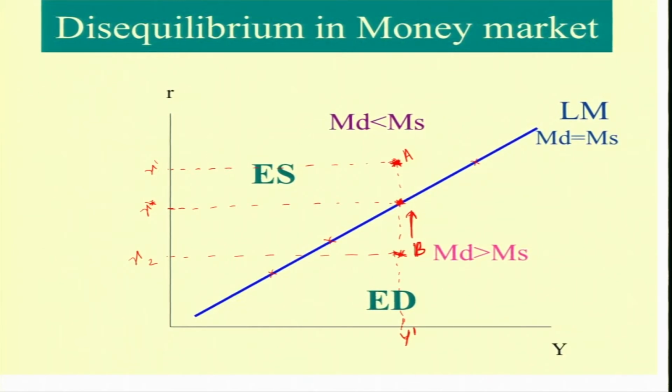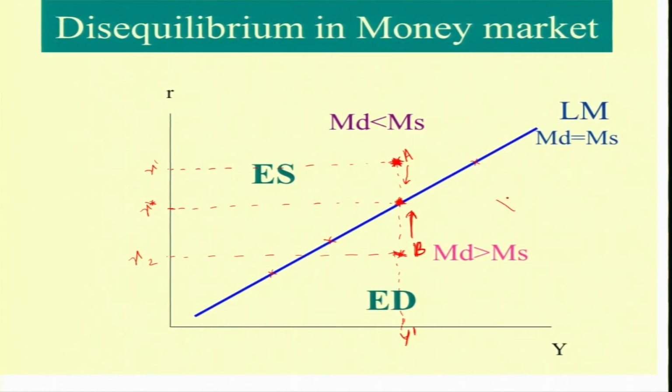Similarly point A, which we just discussed a couple of minutes before, is also not going to be the equilibrium position. At this point money demand is less than money supply, and people will be demanding more bonds. The bond price will increase, and as a result the rate of interest will decrease. That means there is a downward pressure on the rate of interest. So finally this is going to be the equilibrium position where money demand is equal to money supply.